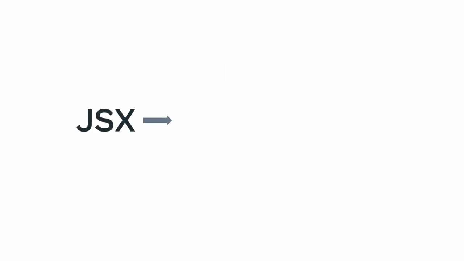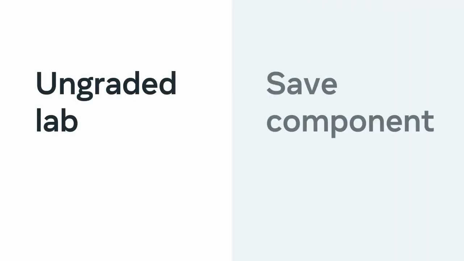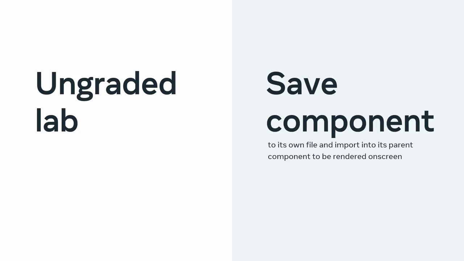You learned how to transpile it, in other words, convert JSX to HTML, which helped you to understand how a component is built. And in the ungraded labs, you learned how to build a new component inside the app component and have it rendered on screen, as well as how to save a component to its own file and import it into its parent component so that it can be rendered on screen.